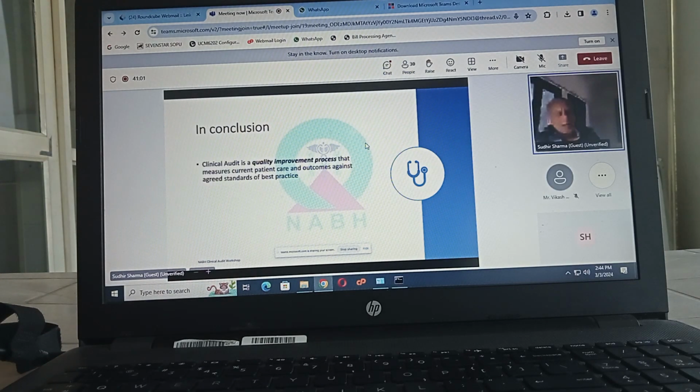clinical audit measures current practice and outcomes against a standard. We should be aware of the differences between audit, record audits and research.